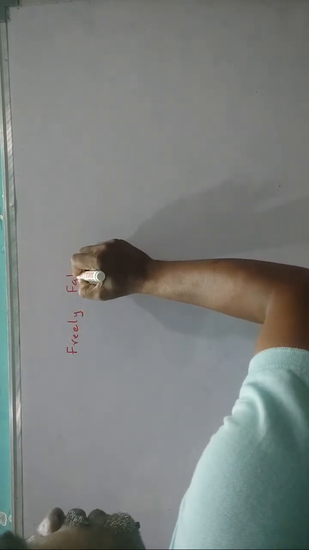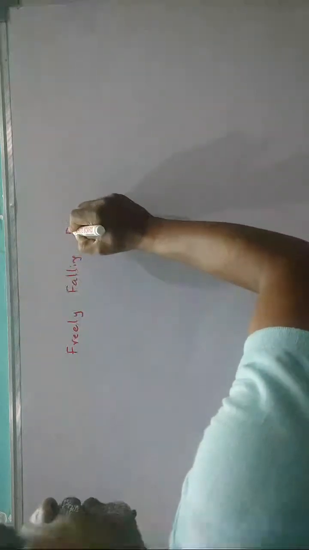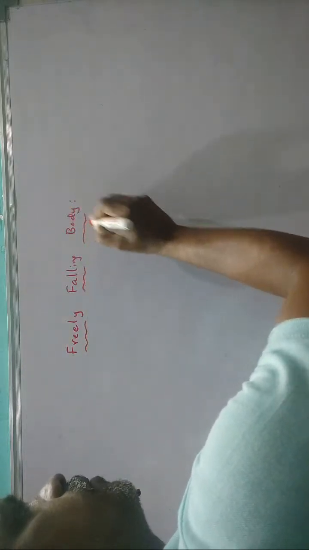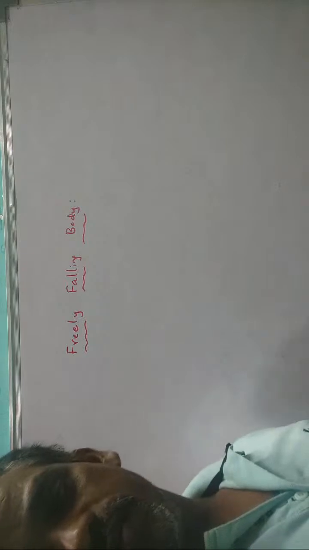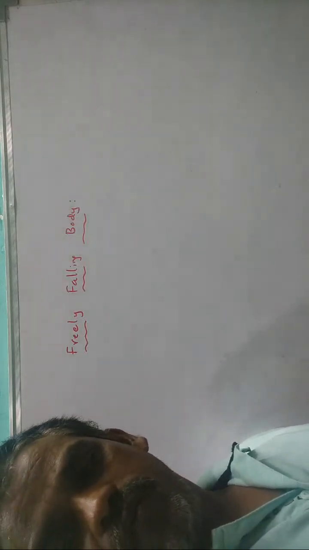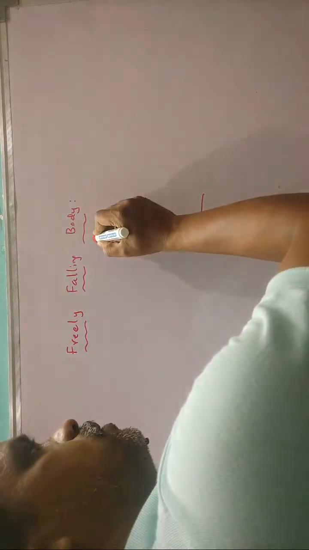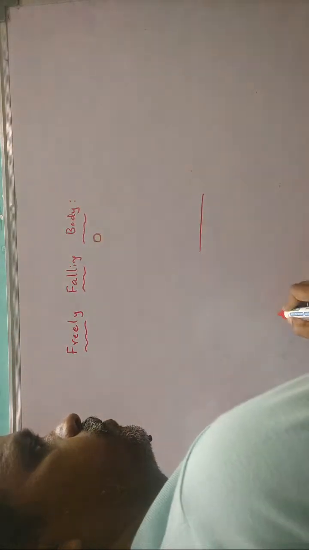Freely falling body. Freely falling body means, see here the earth, the body is here.